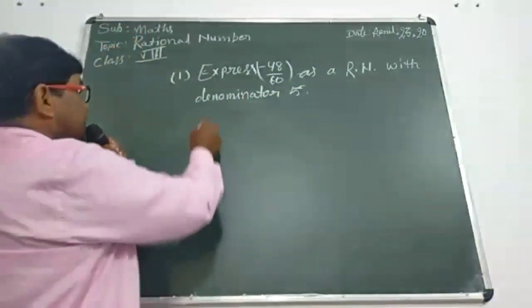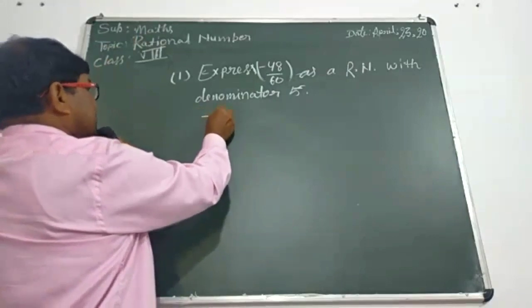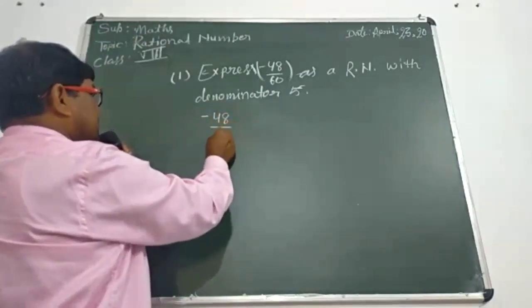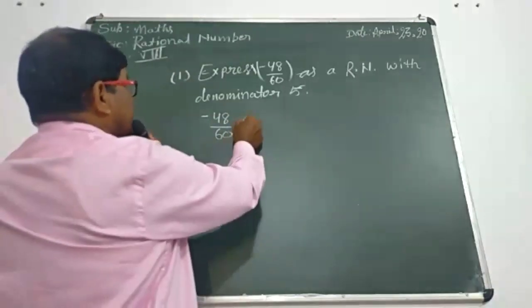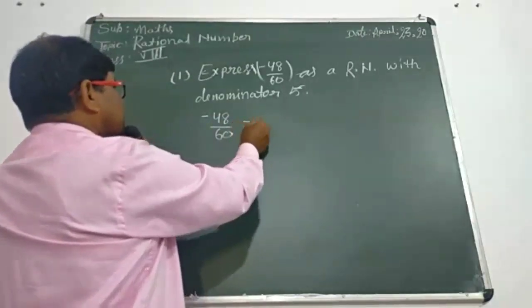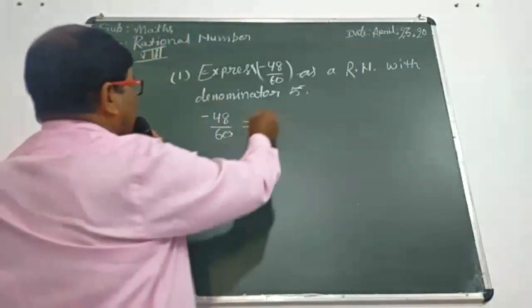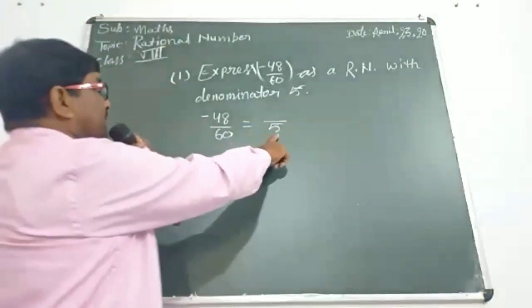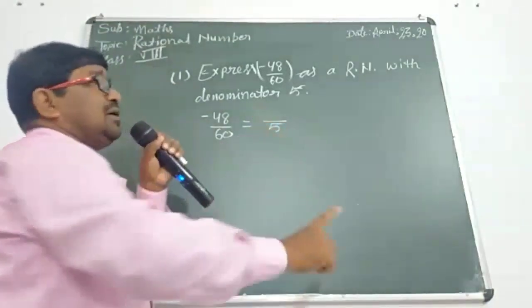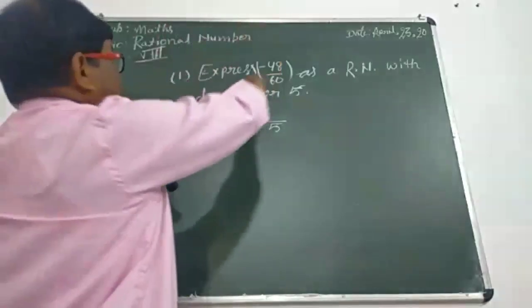How can we solve it? Our first rational number is given, minus 48 upon 60, and we need the equivalent rational number having denominator 5. First, you should understand the question according to your previous concept.